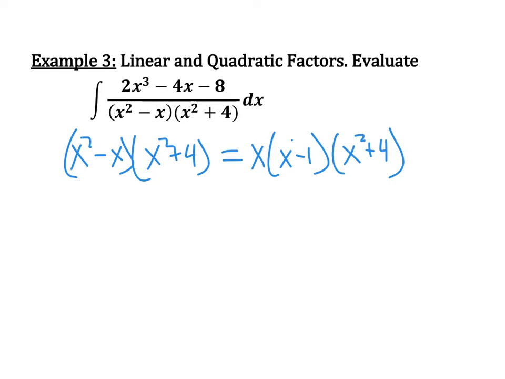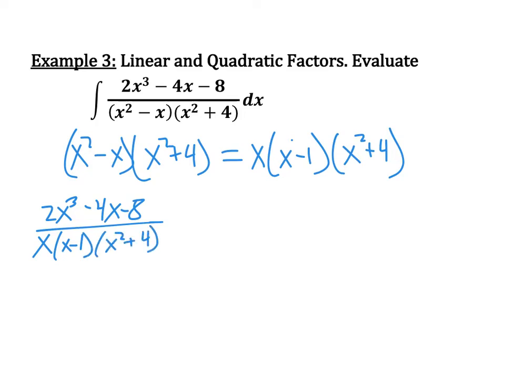All right, so we can break that up. And then we're going to take this fraction, 2x cubed minus 4x minus 8, all over that factored version. And we want to break this up into 3 fractions.